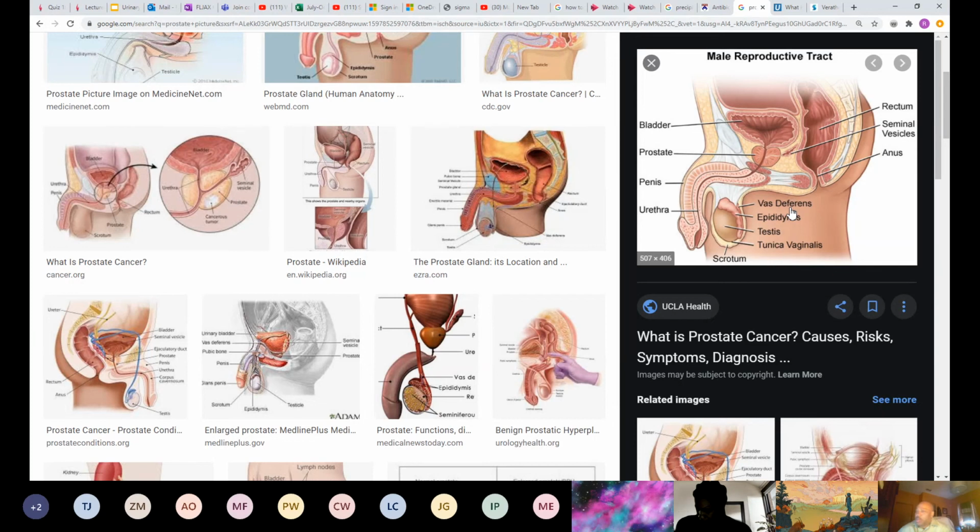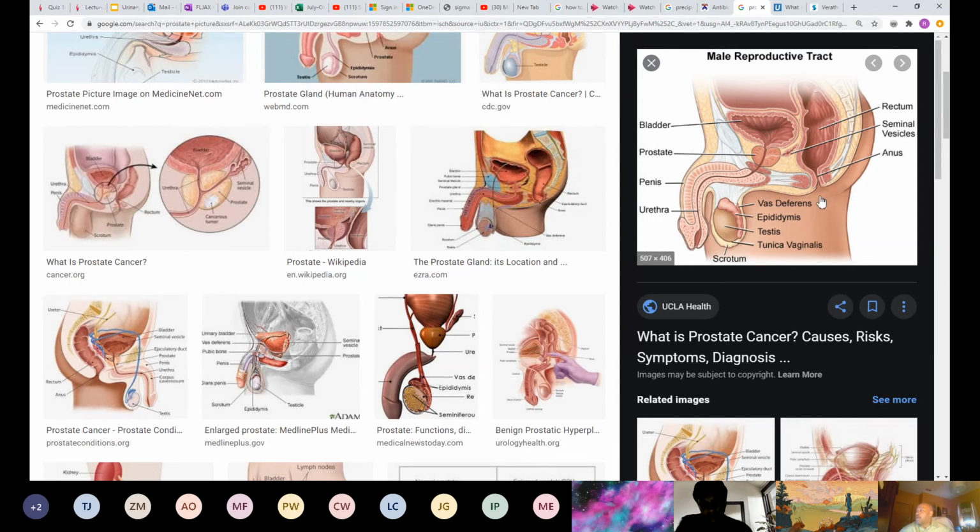Another thing, because I talk about this in my other presentation: when a man has a rectal exam to examine the prostate, this would be considered the posterior part or the back portion of the prostate. And this would be considered the anterior part of the prostate, because this points in the front and this points to the rear or the back.